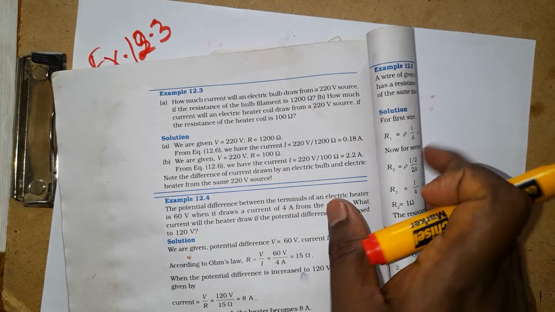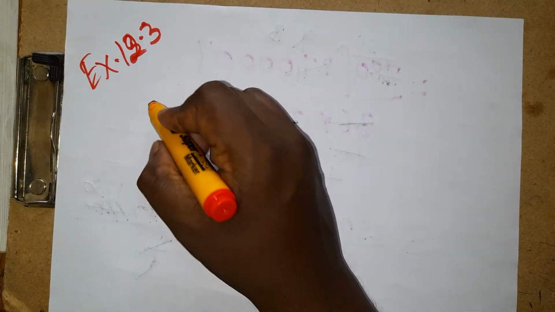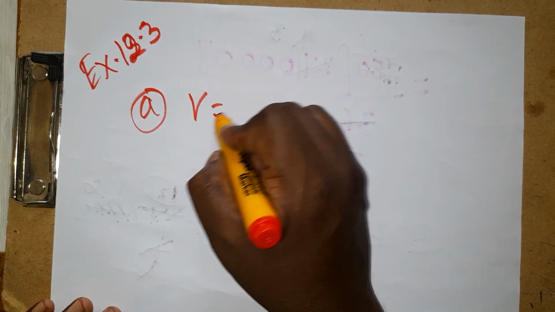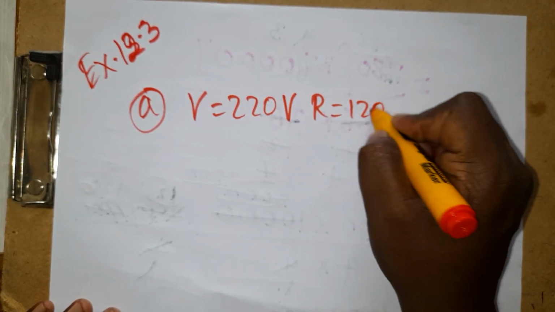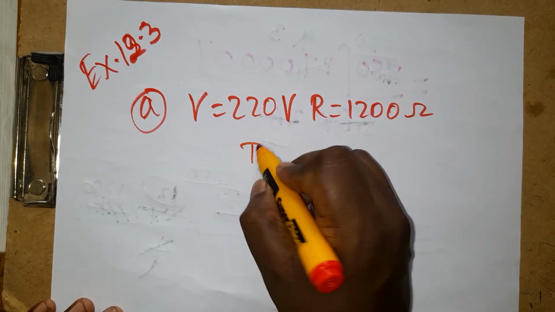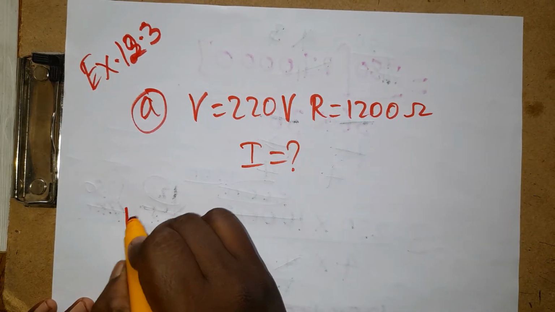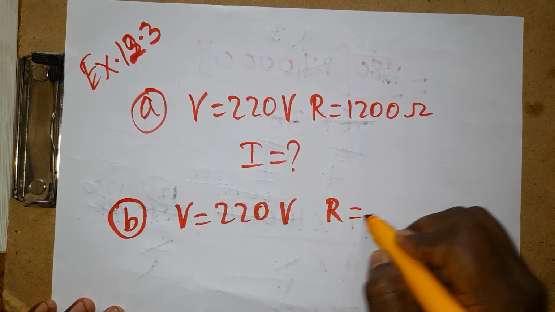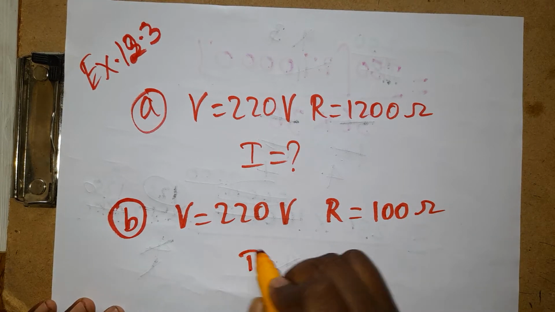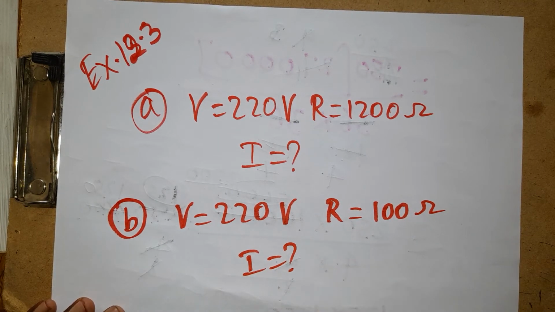Question B: 220 volt, 100 ohms. In A, voltage is 220, resistance is 1200 ohms, and they asked about current, Ohm's law only. In B, voltage is 220, resistance is 100 ohms, and they asked about current.